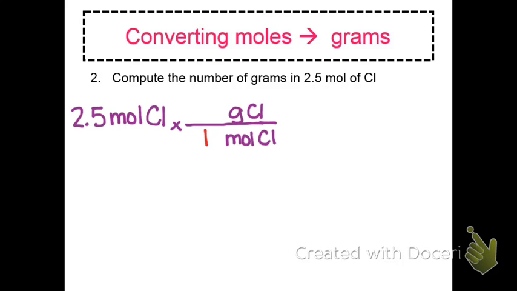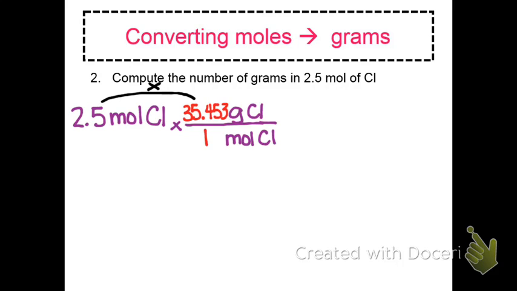But we go to our periodic table and we look up chlorine. Chlorine is 35.453. So given that value, we take 2.5 in our calculator. And now look, they're both on top, so that's a multiplication problem.